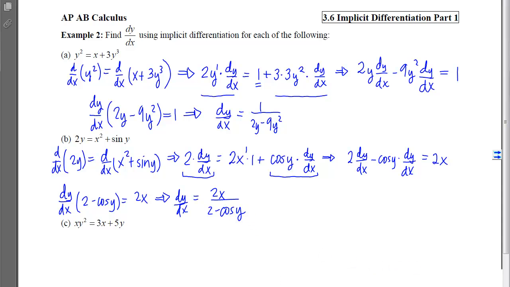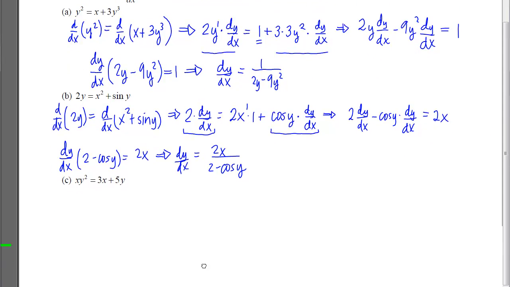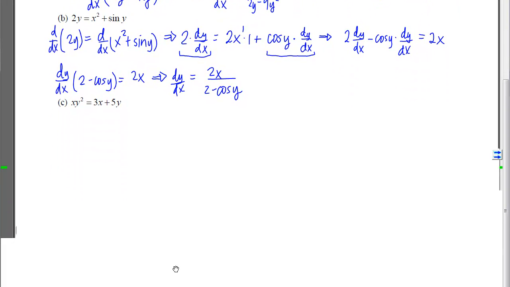Last one, part C, is a little more tricky because we have a product rule involved. So with the product rule, we can see on the left we have 2 things that are being multiplied. So when I apply that operator, d/dx, to both sides, on the left, I'm going to have that product rule.